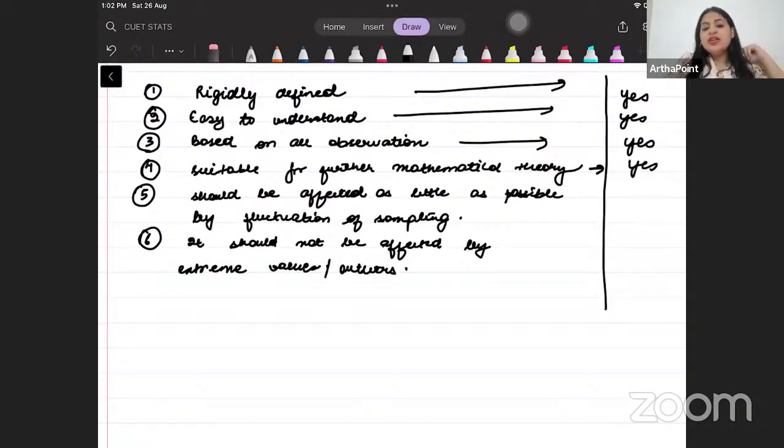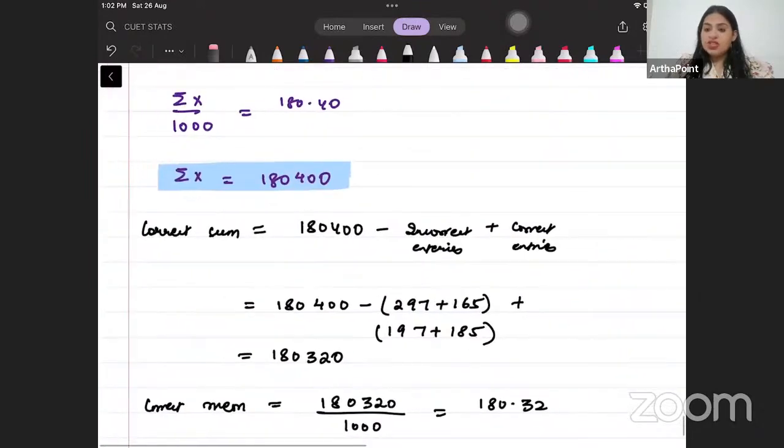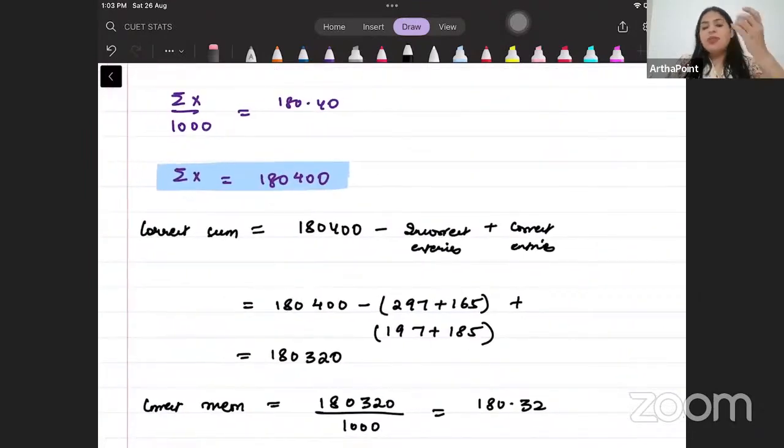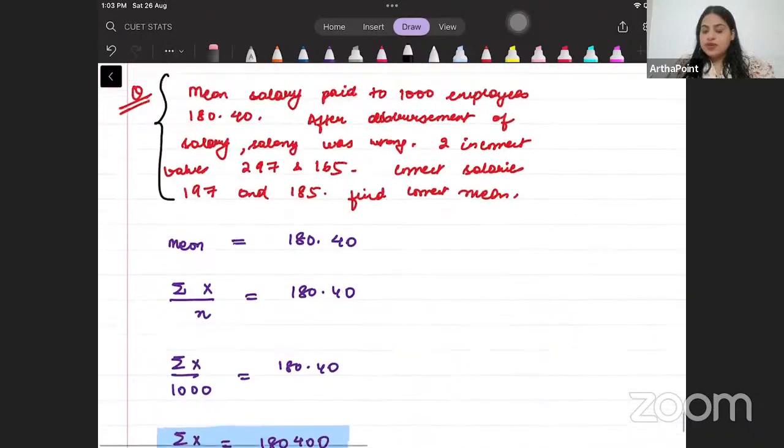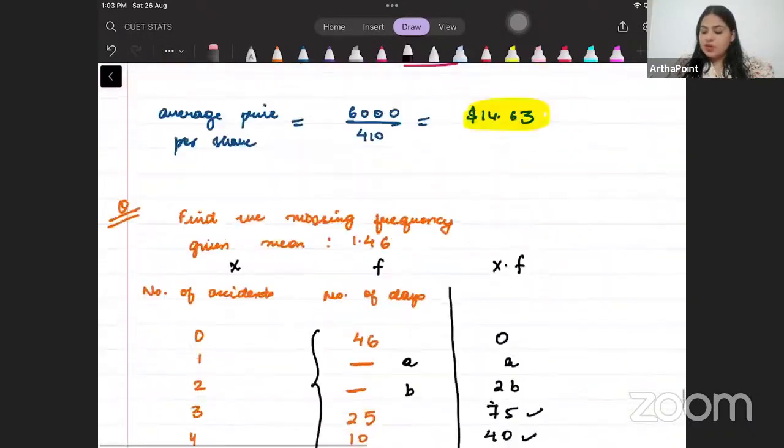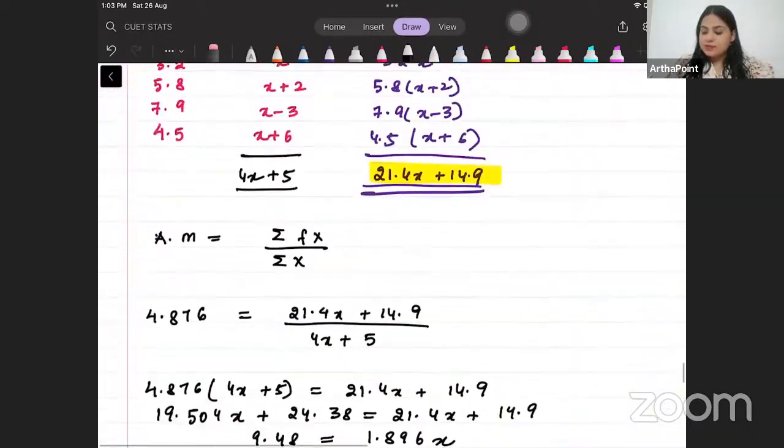Then it says it should be affected as little as possible by the fluctuation of the sampling, right? And it should not be affected by the extreme values. So for these two things, my answer is no. A lot of times, the moment I change the data set, my mean will be quickly affected. For example, take the first data set.